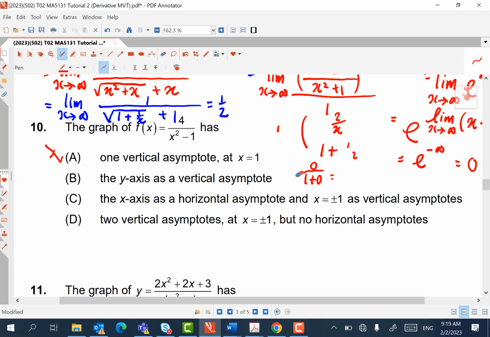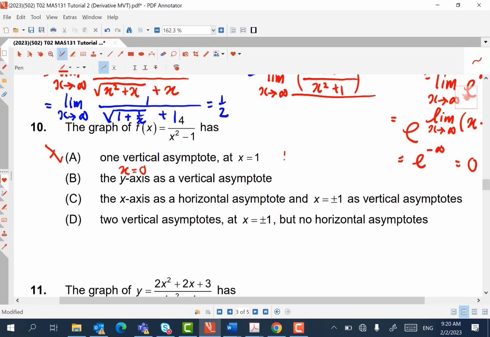I mean, honestly, wait, this single picture. To be a vertical asymptote, right?